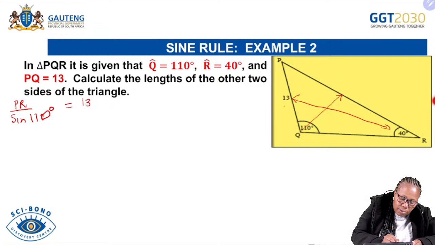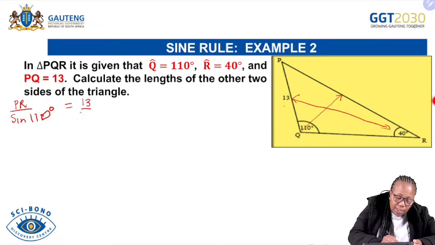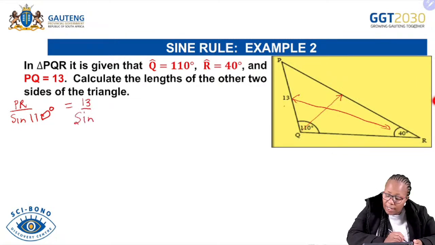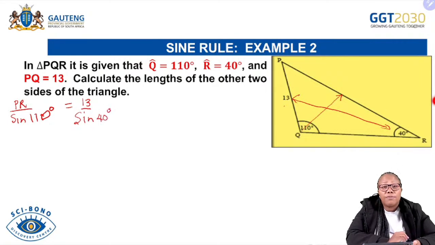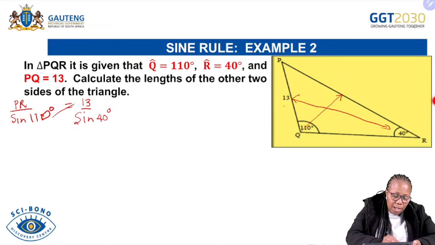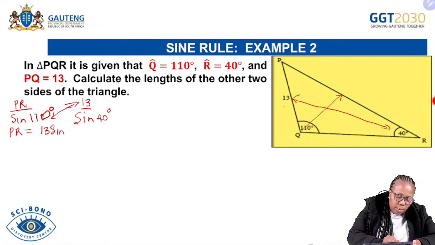13. Over the side, this side is opposite which angle? That is sine 40 degrees. And then from here now, we can cross multiply this sine 110 to 13 because we are looking for PR. That will be 13 sine 110 degrees over the sine of 40 degrees.